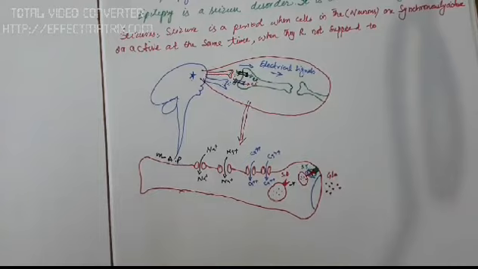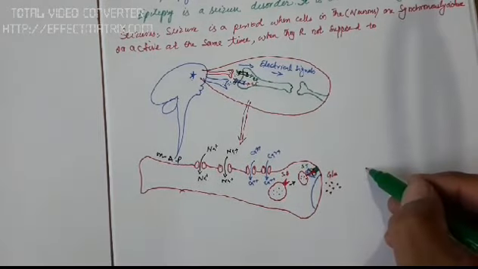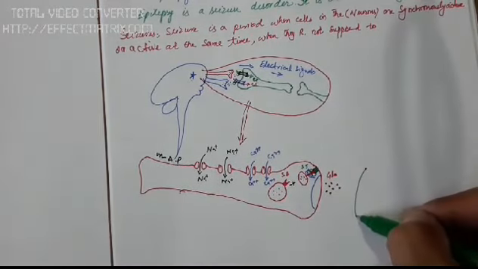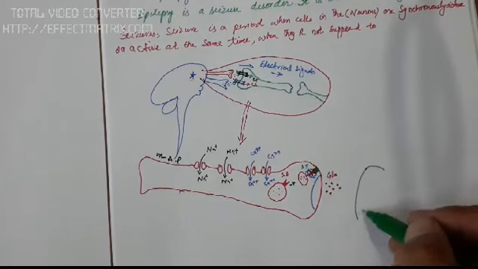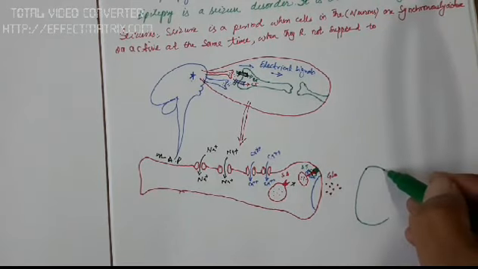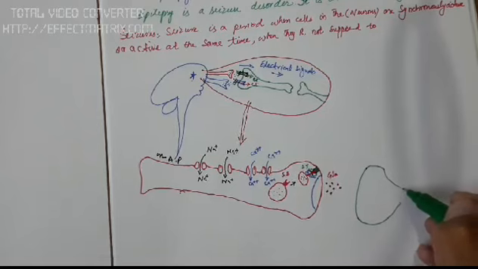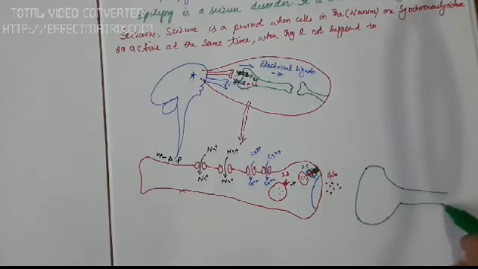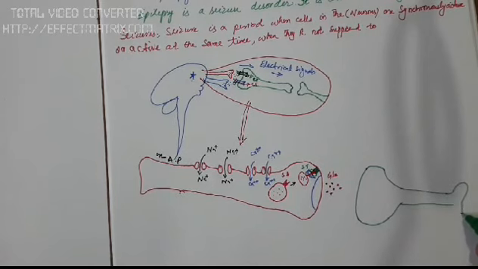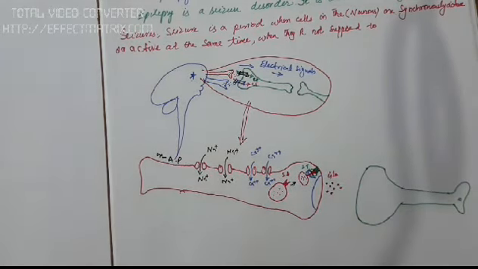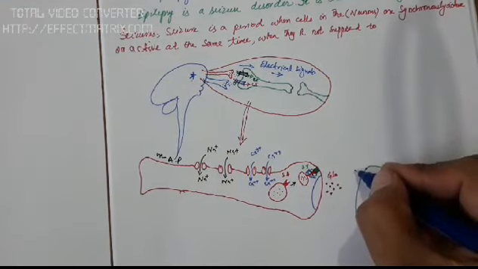These glutamate molecules will be acting on this next neuronal cell. This neuron has two types of receptor for this glutamate molecule.